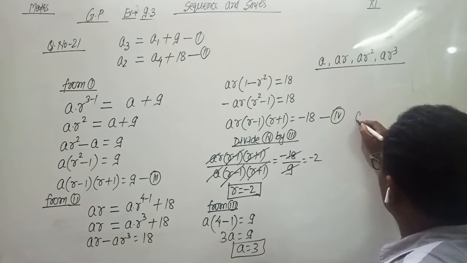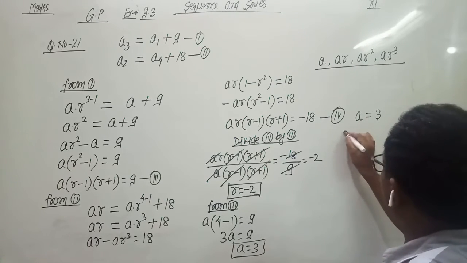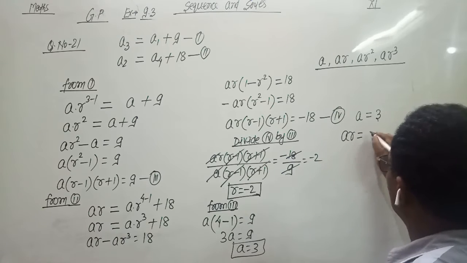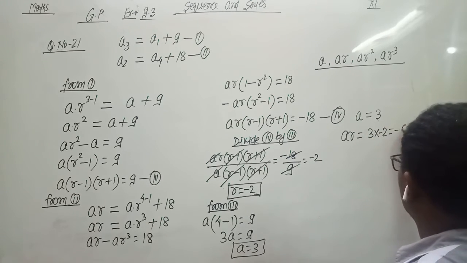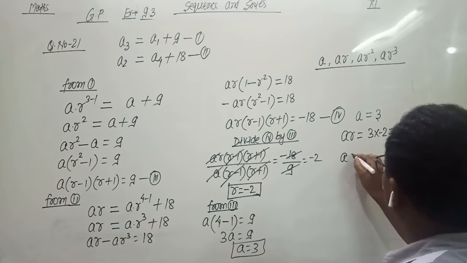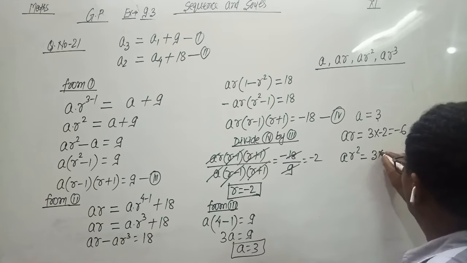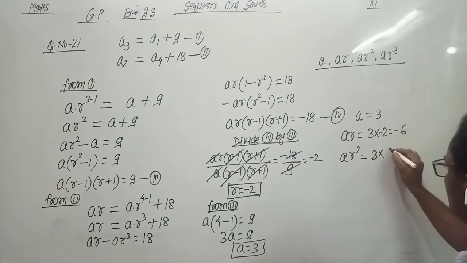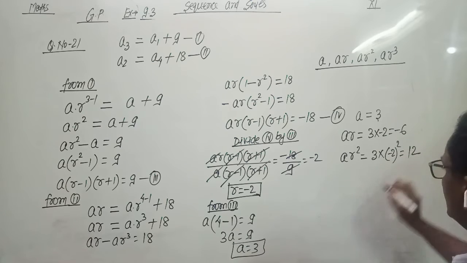Now the first term of the GP, A equals 3. The second term is A into r, so 3 into −2, that is −6. The third term is A r². The value of A is 3, r is −2 the whole square, that is 4 into 3, 12.